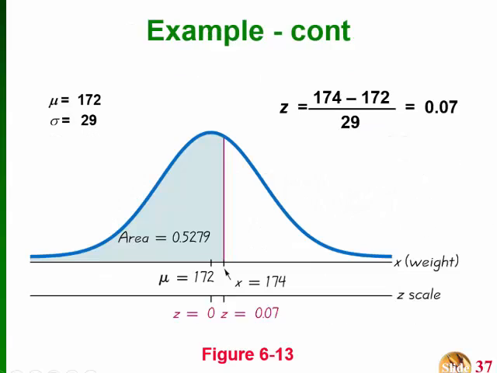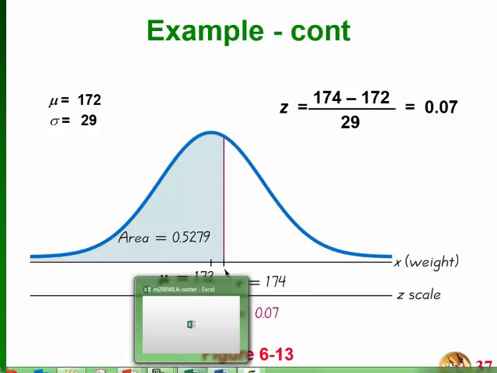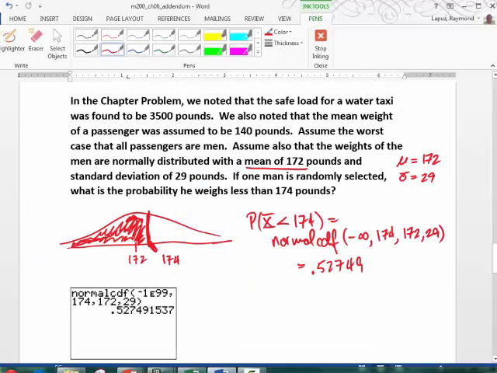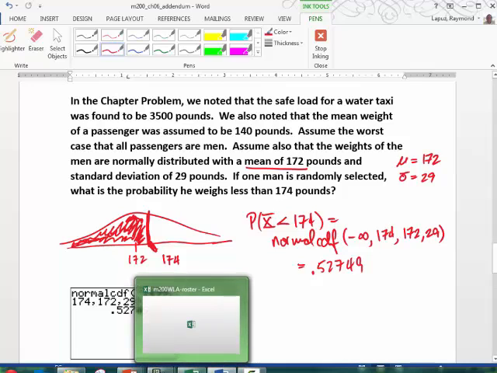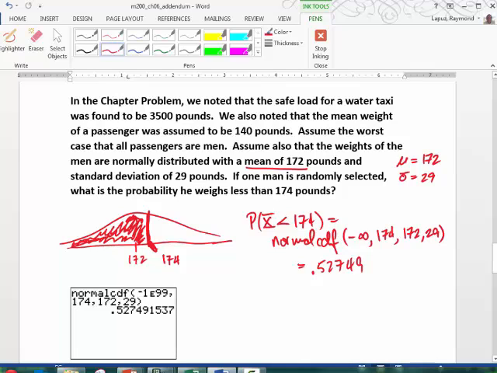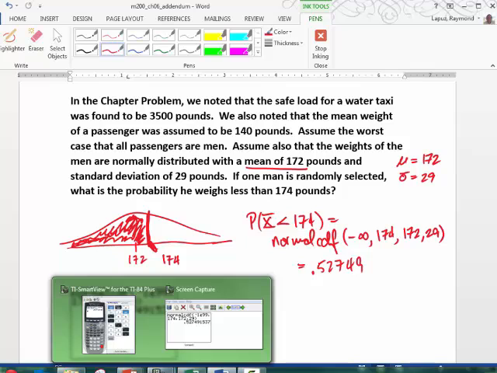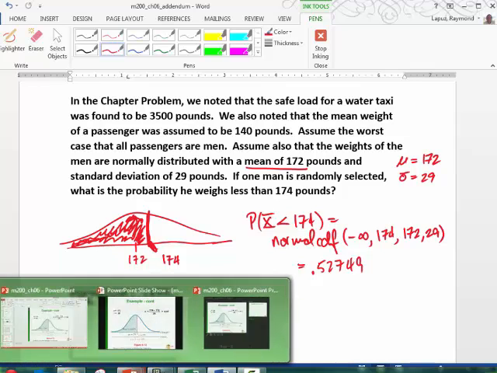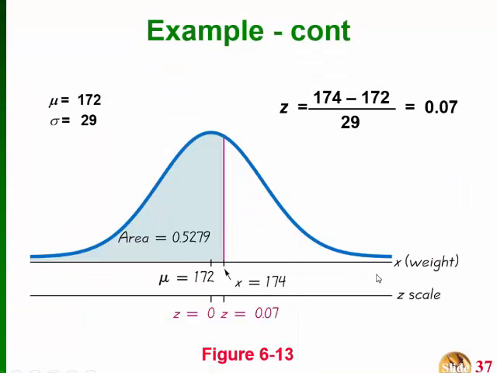Actually, now that we look at it, our answer was 0.52749, or 0.5275 if we were to round off. Our answer is actually more precise than the answer that they would have found in table A2. And so I would go with our answer, and I would say that our answer is correct.